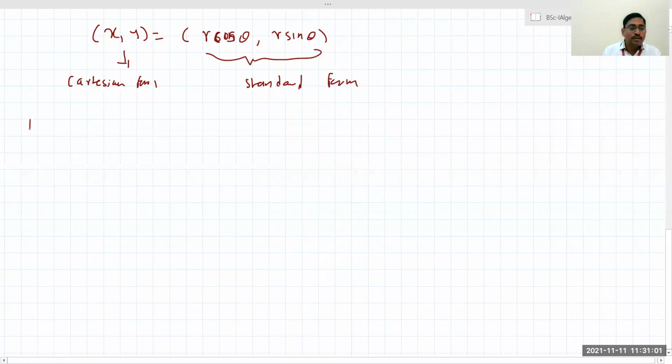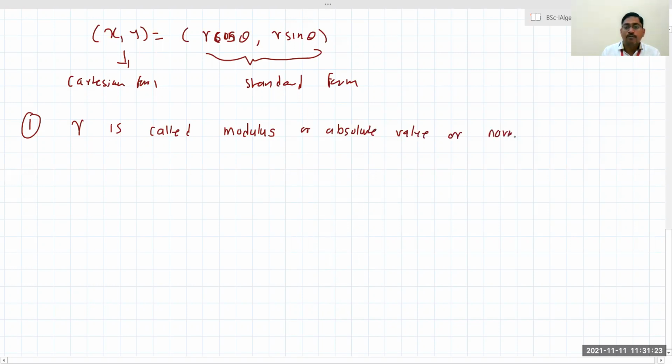So just now I told you that this r is called the magnitude of the complex number. r is called modulus, or absolute value, or norm.